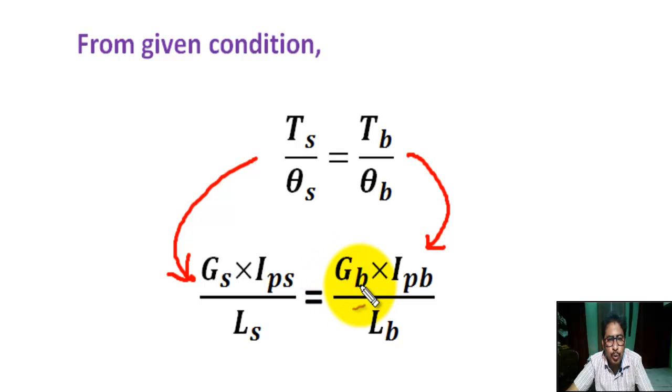Gb is modulus of rigidity of brass shaft, Ipb polar moment of inertia of brass shaft, Lb length of the brass shaft. Here the lengths of the shafts are the same, so Ls and Lb cut out.